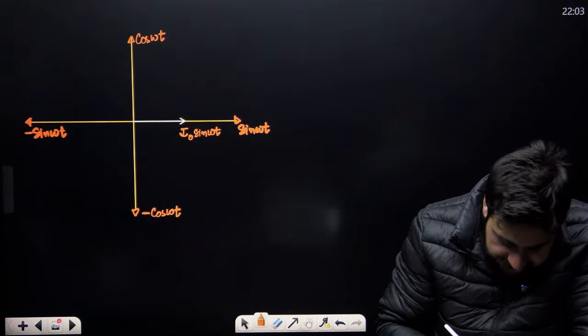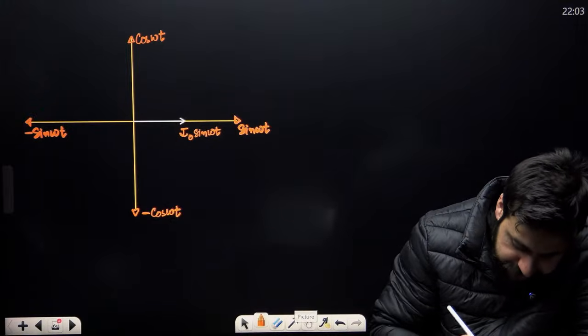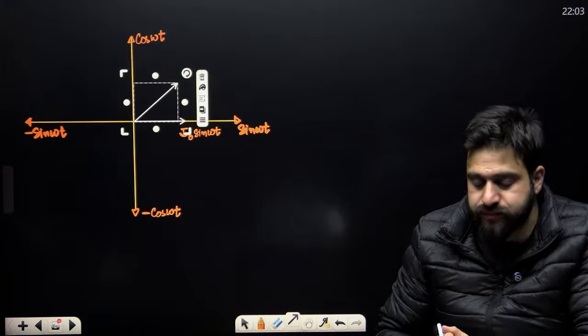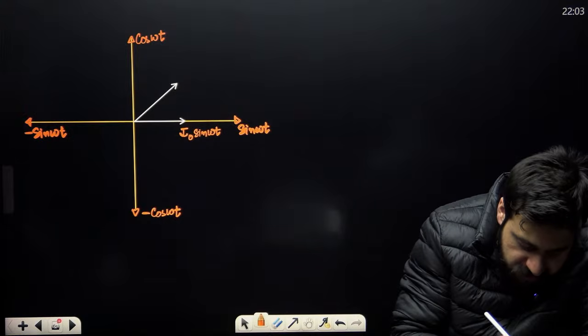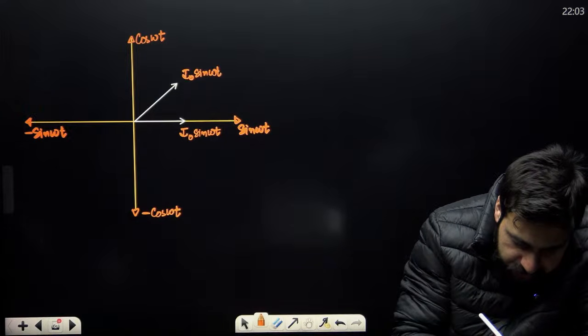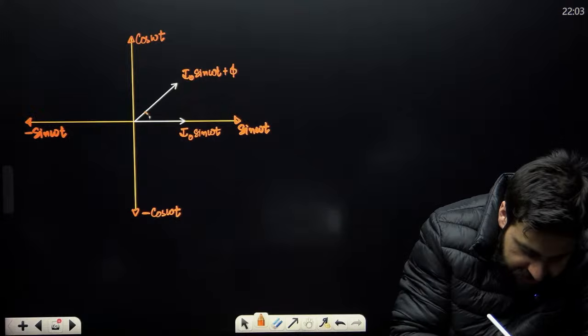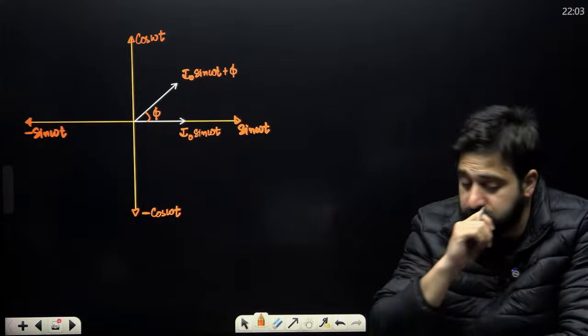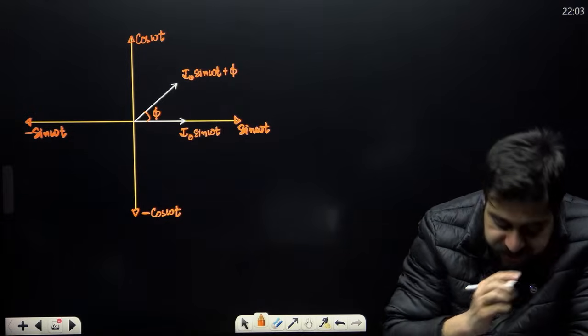So you'll be making it like this. And this will be I naught sine of omega t plus phi. And this angle you will be considering over here, because it's in lead phi.